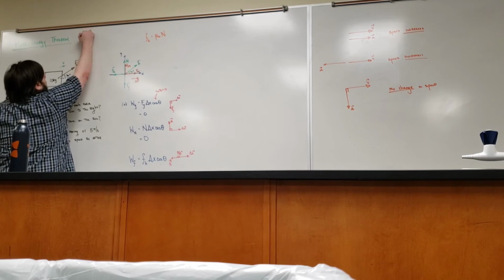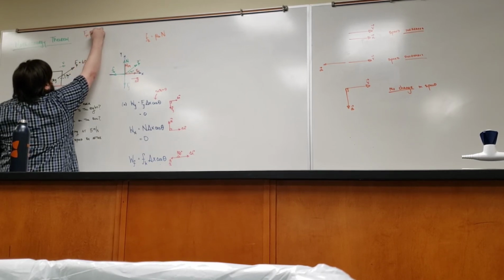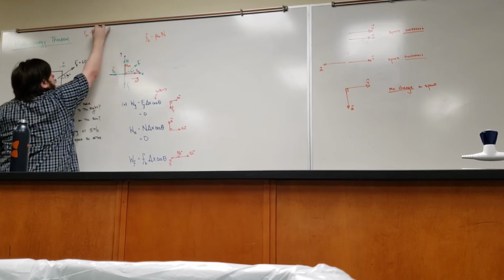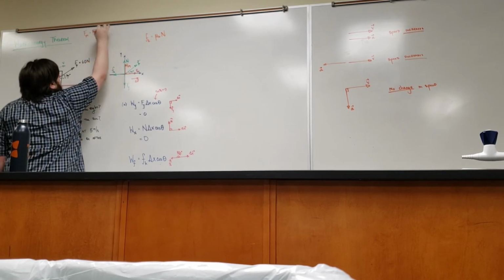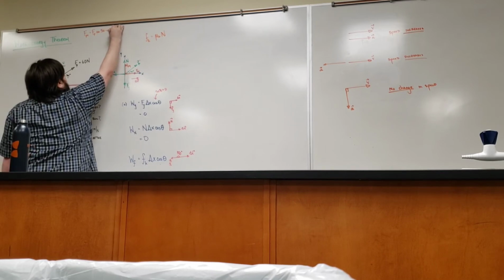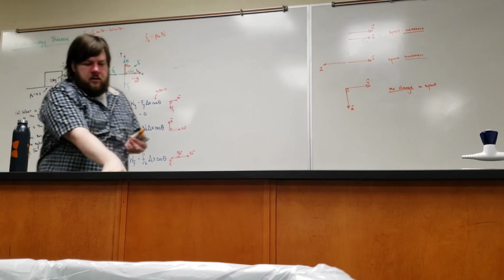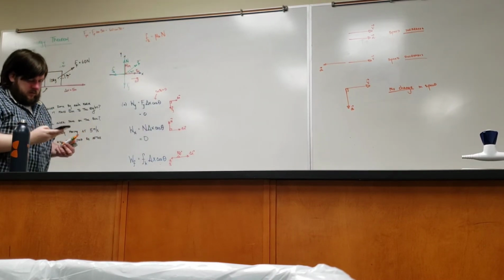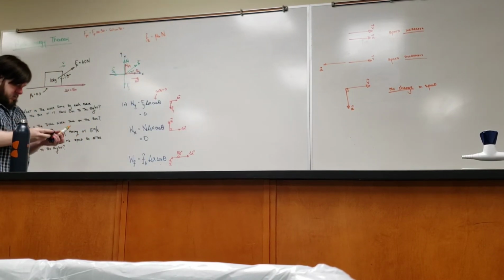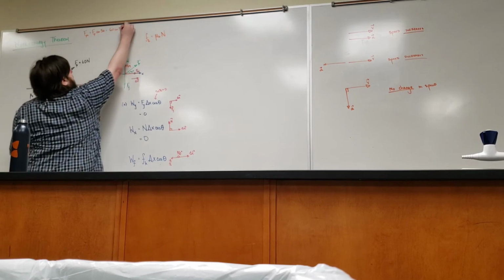So, the pulling force in the X direction is the pulling force times cosine of 30 degrees, which is 60 newtons, times cosine of 30 degrees, which is 52 newtons.